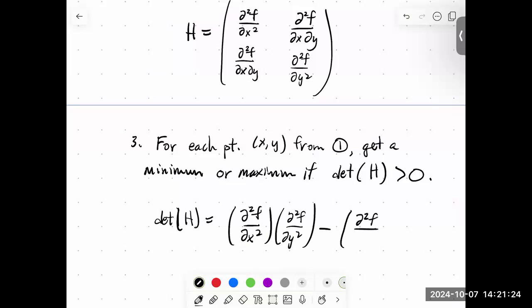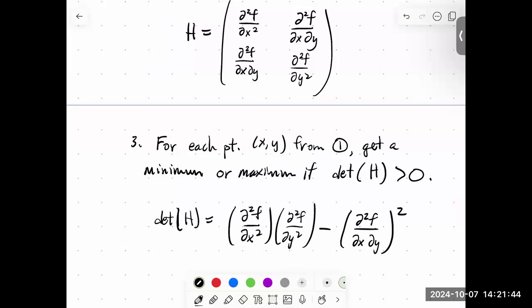But the other diagonal is the same, right? Anyways, it's just the square of this thing.